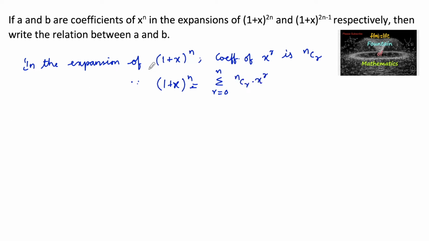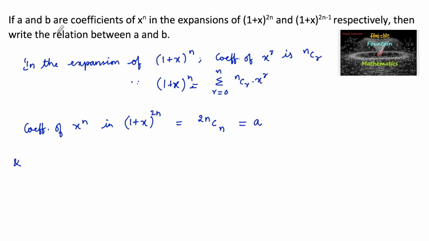So by using this concept, since a is the coefficient of x^n, the coefficient of x^n in the expansion of (1 + x)^(2n) can be taken as 2nCn, which is given by a.